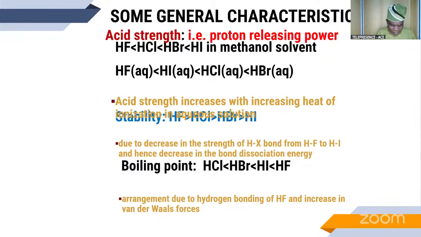This is due to decrease in the strength of the hydrogen halogen bond, the HX bond, where X represents halogen. From the hydrogen fluoride bond to the hydrogen iodide bond, there is a decrease in the bond, and hence a decrease in bond dissociation energy.